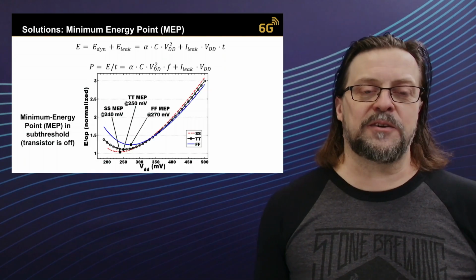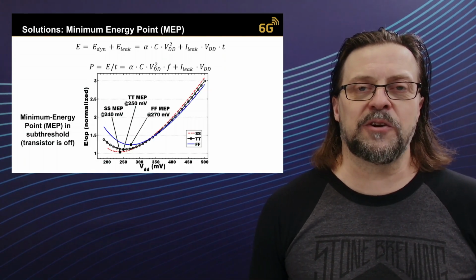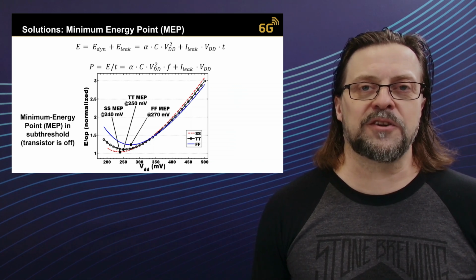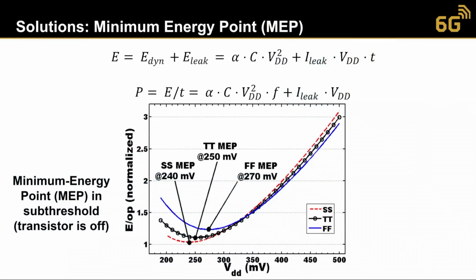First, I'll start with the general minimum energy point and, more generally, low energy and low power for digital logic, which of course all processors are comprised of. Let's think about low power in general. As everybody probably knows, the basic energy and power equations are shown on the top.